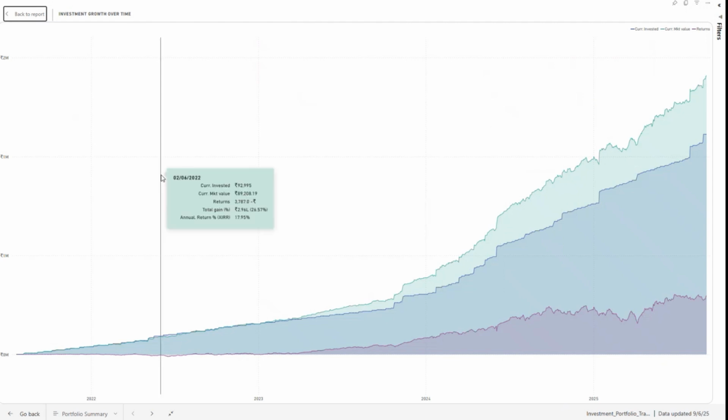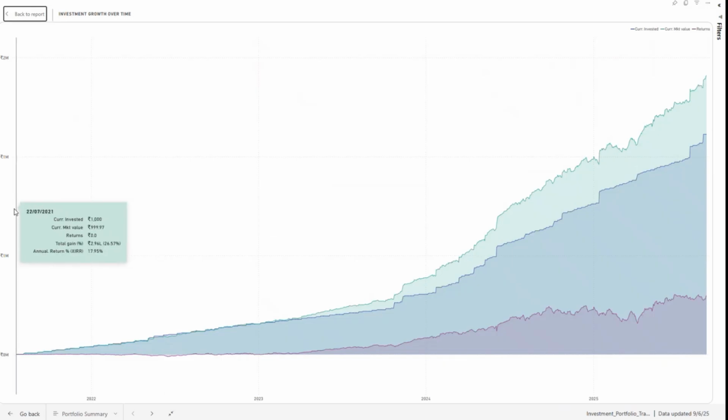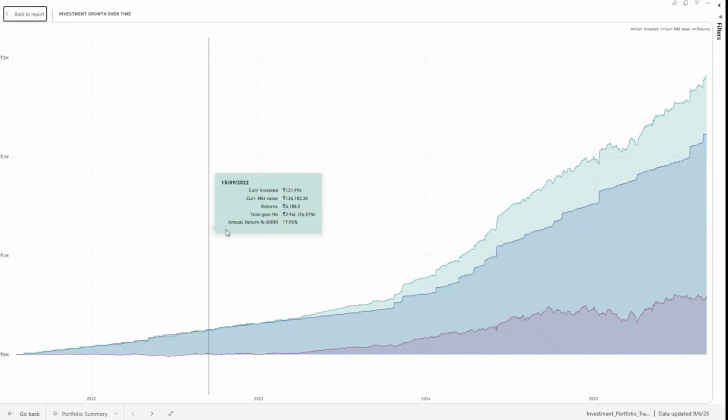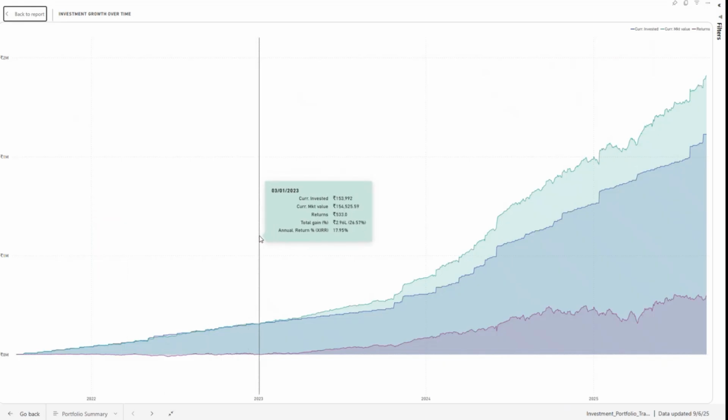It is saying you invested from 2021, but until 2023 your investment is almost 1,53,000 and your market value is 1,54,000, so you hardly generated 533 rupees.